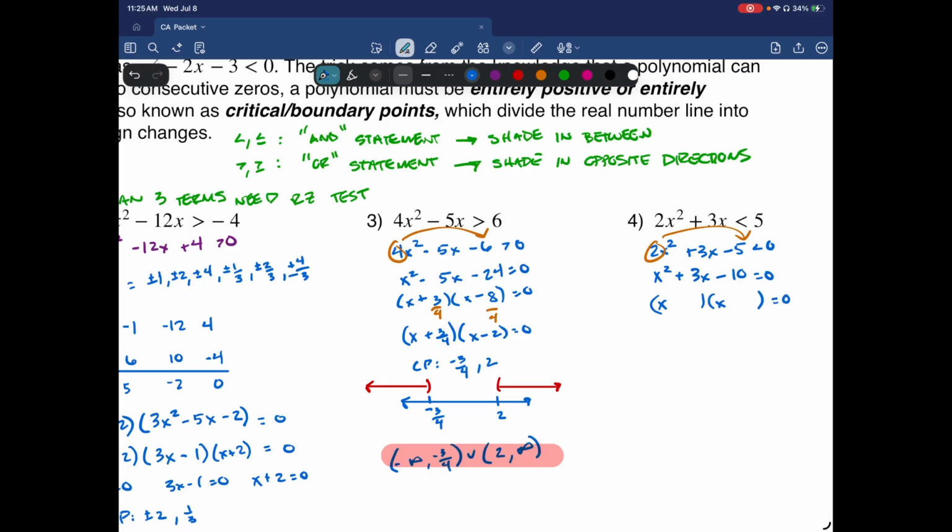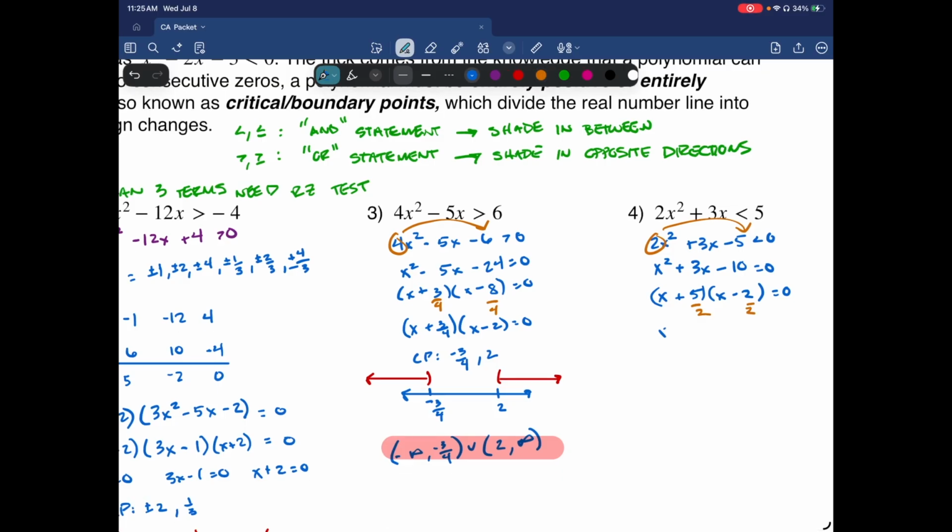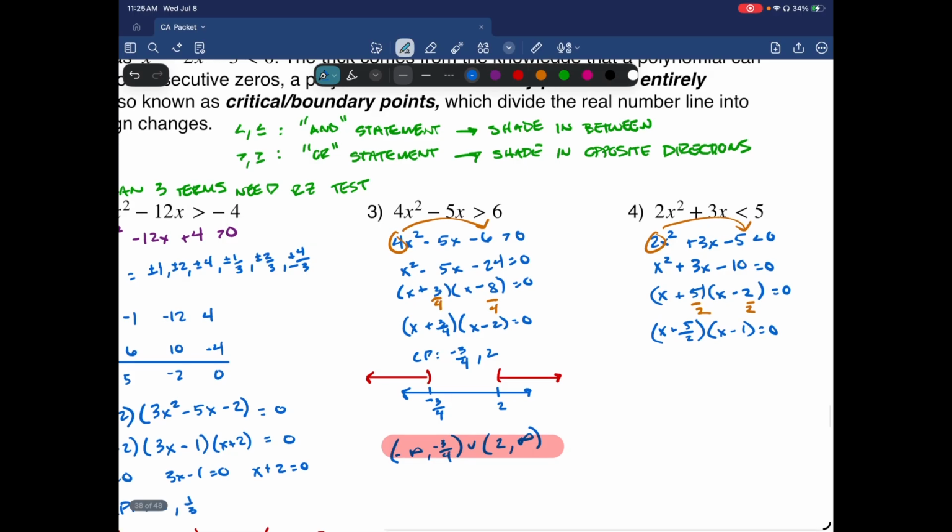All right, so I got plus, minus, let's see, 2 and 5 give me 10, and 3 in the middle, so this will be plus 5 minus 2. All right, I just started with 2, so I got to divide by 2. So this is going to be x plus 5/2, x minus 1. All right, so my critical points are going to be -5/2 and +1.